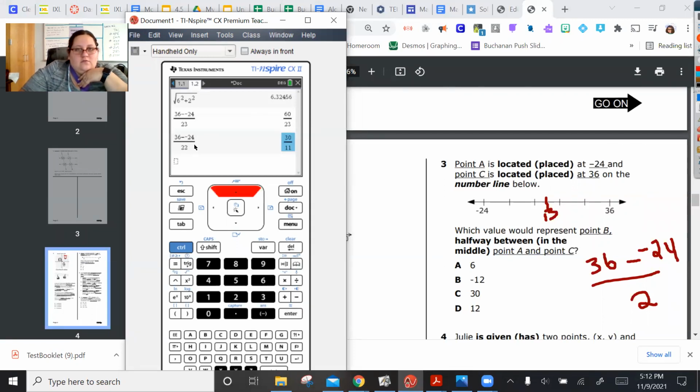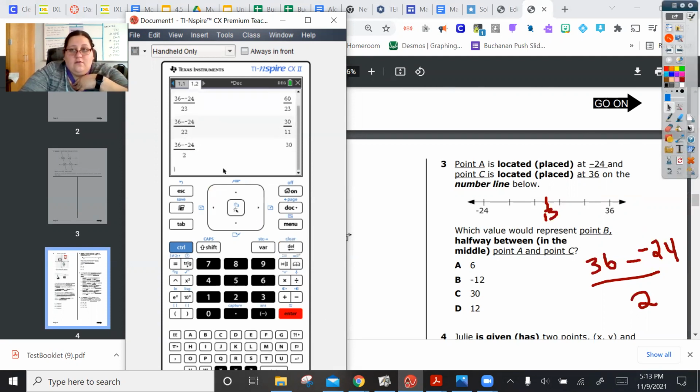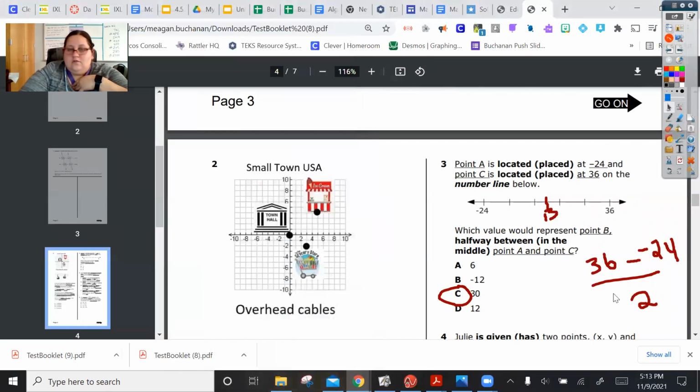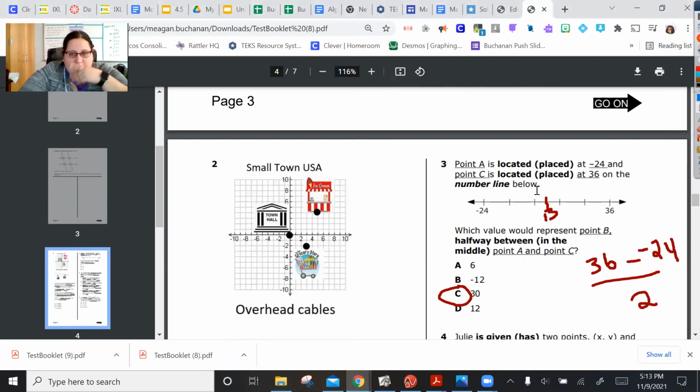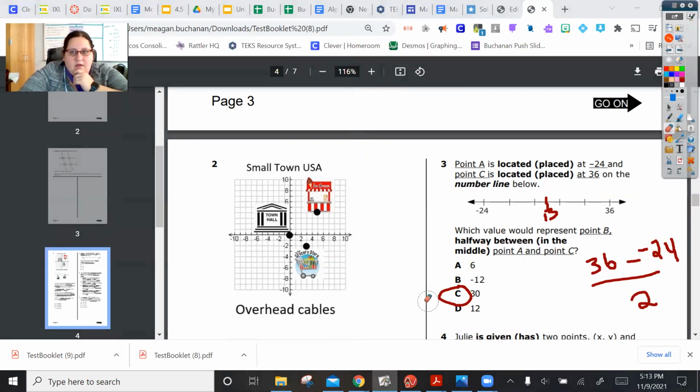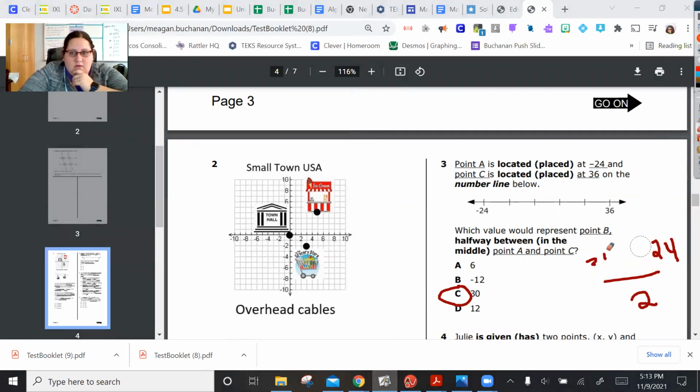Why did I put 22? I meant 2. I wrote 2. Okay, 30. 30 is the midpoint. Don't know how I typed in 23, that was an accident. So that would be 30. Okay, I'll go ahead and erase.